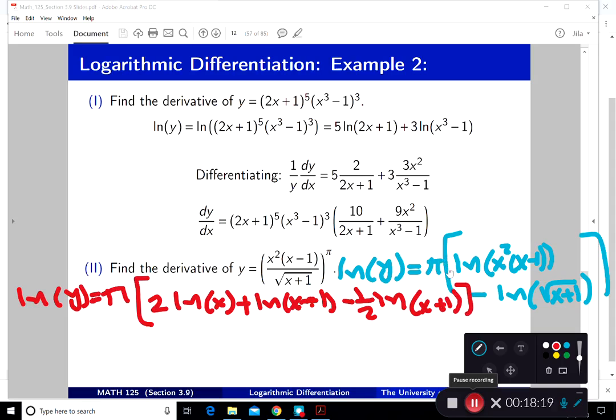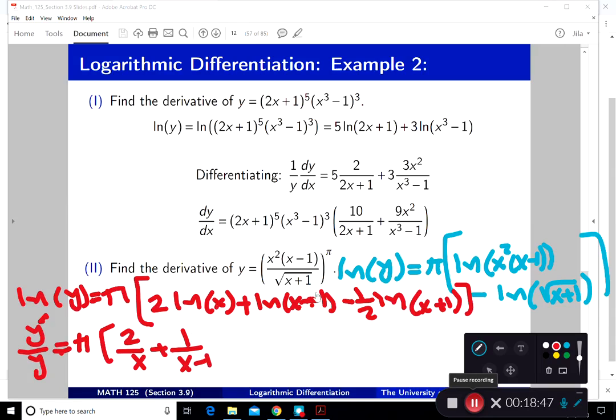Now, if I take the derivative of this side, it is y prime over y equal to pi times the derivative of the first term, 2 over x. Then the second one is 1 over x minus 1 times the derivative of the inside, which is 1.